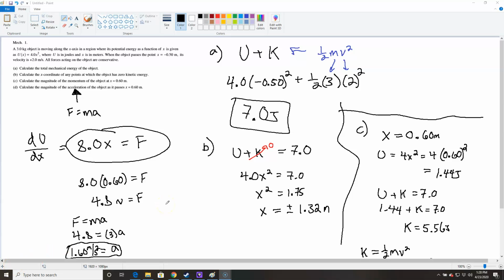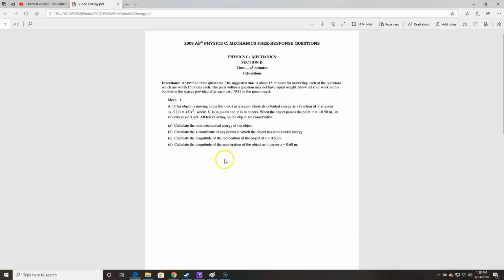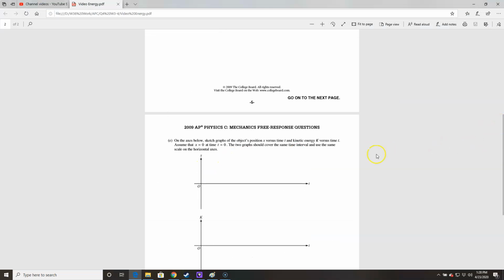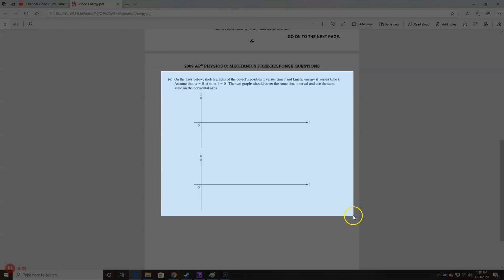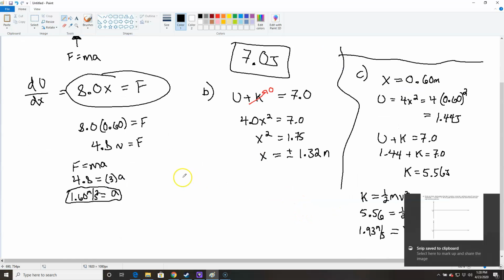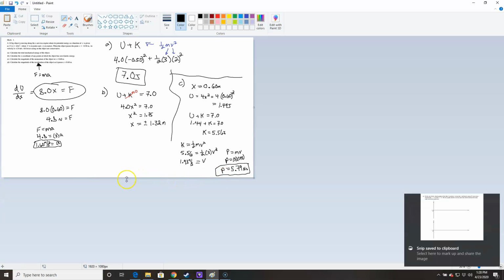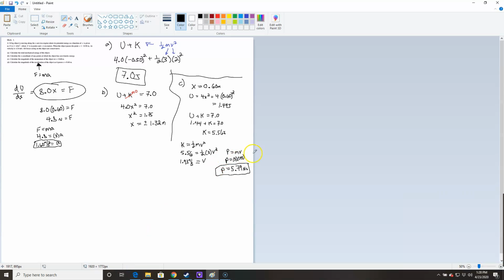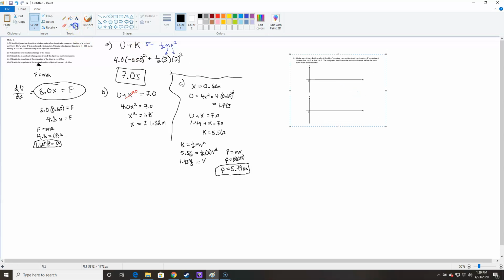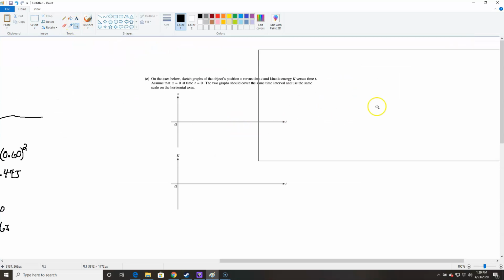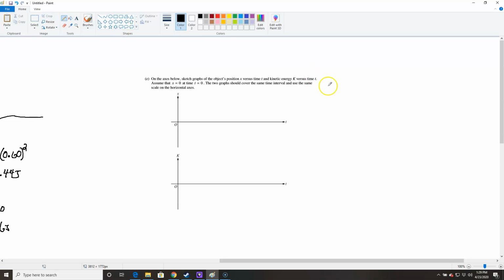The last part of this is part E. So let's go into here for part E. E says on the axis below, sketch the graphs of the object's position versus time and kinetic energy versus time.